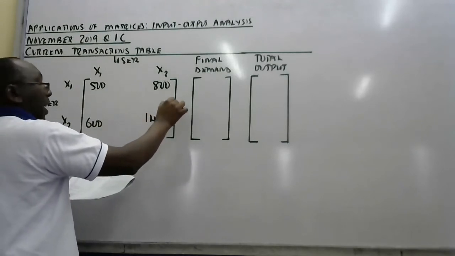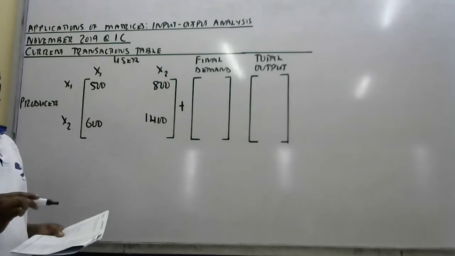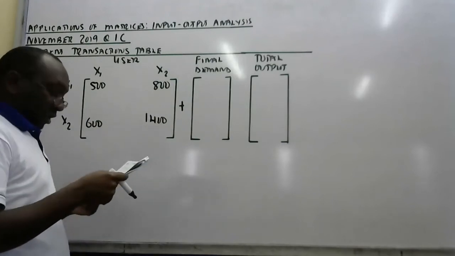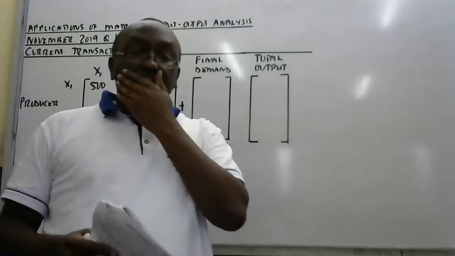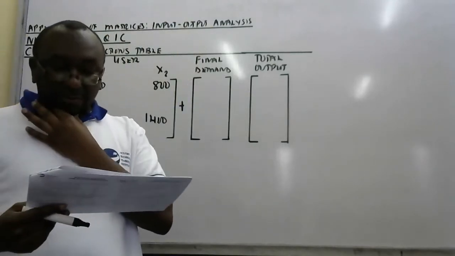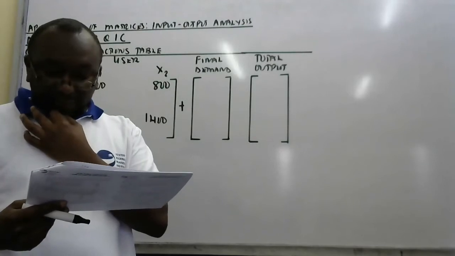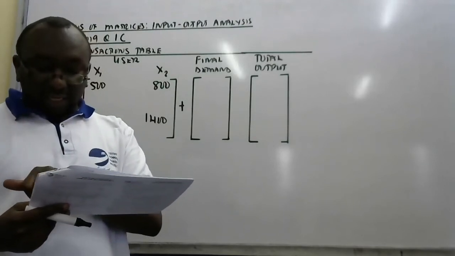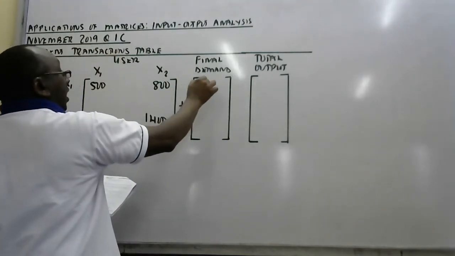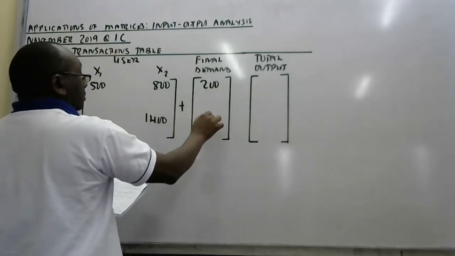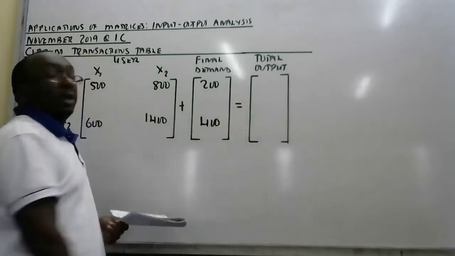Now we add the final demand, which in the question is explained as the projected consumer demand. Before we go to the projected, we are dealing with the current. The current is 200 here and 400.